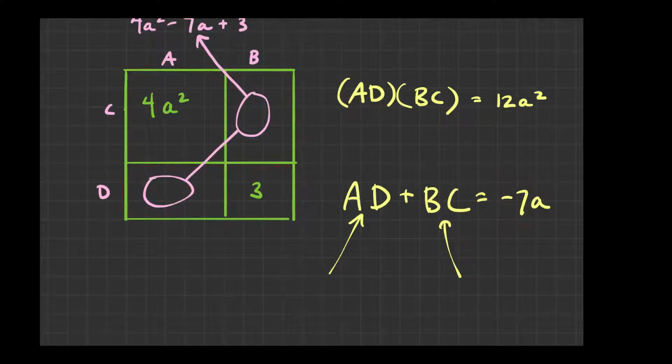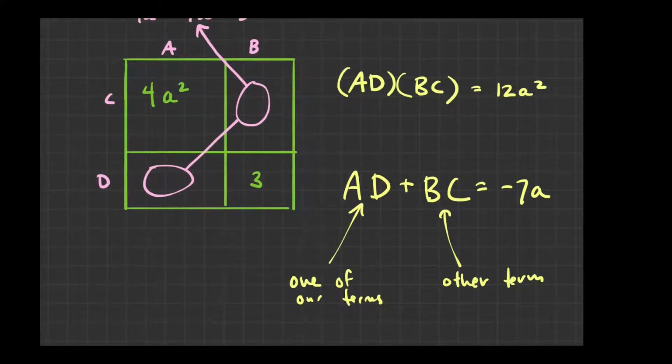So AD is one of our terms, this is the other term. And we know that when I multiply those terms together, I get 12a, or in other words, this number times this number. Okay? So that's where this is all coming from. That's why this works.